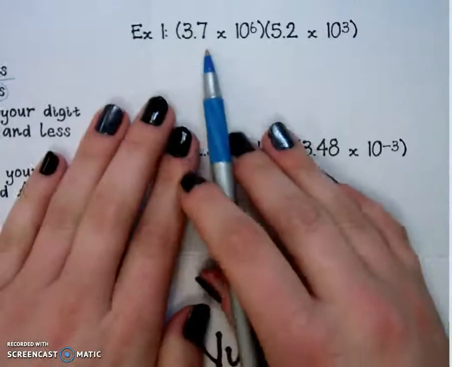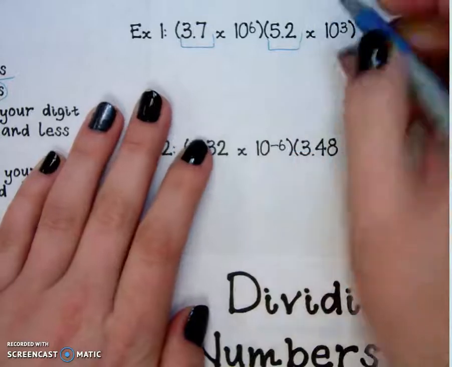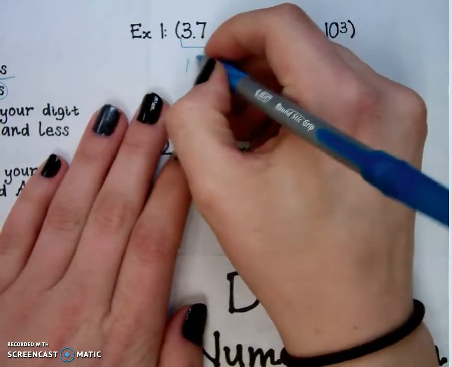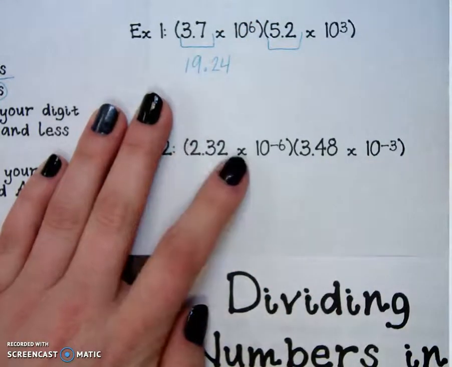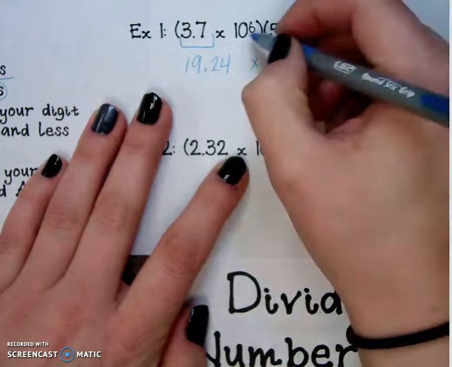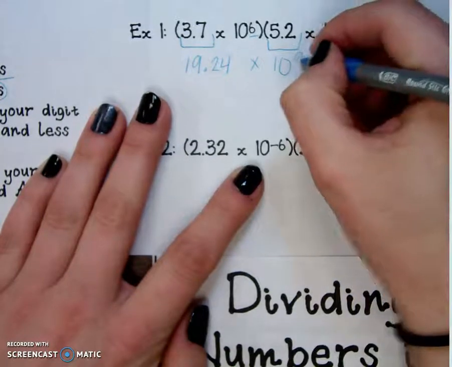Well, 3 and 7/10 times 5 and 2/10 is going to be 19 and 24/100. And then it said that we're going to add the exponents, just like we do with our product rule. 6 and 3 is 9.